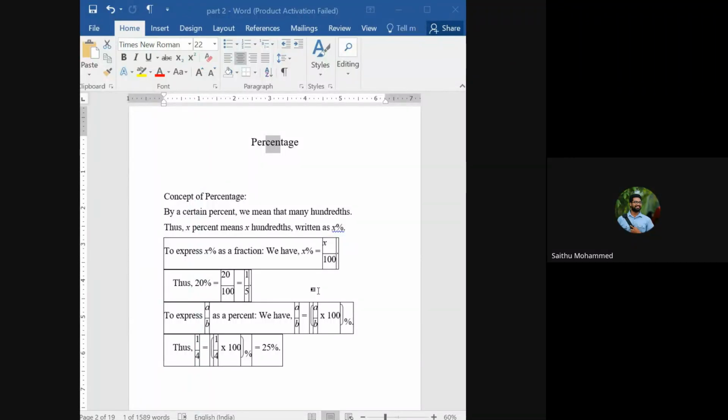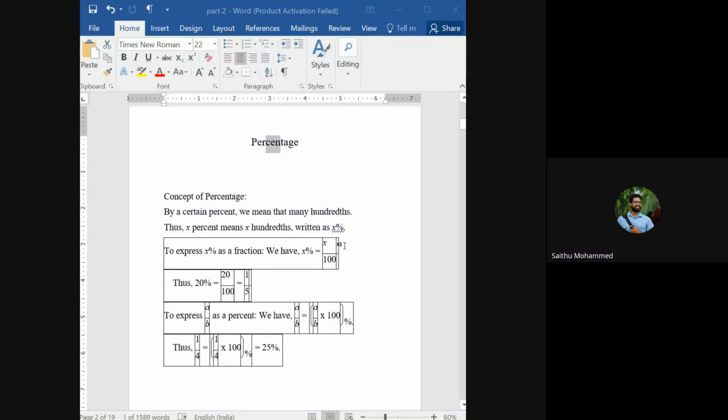We all may have studied in school how to take the LCM, right? Most of the time, when you get a bigger number, it is better to reduce the fraction to its lowest terms. So in the same way, 20 by 100 can be expressed in the lowest form, which is 1 by 5. This is how percentage and fraction work together.